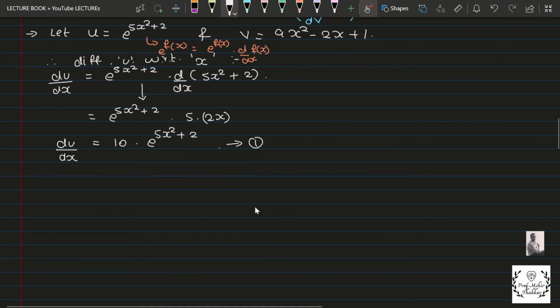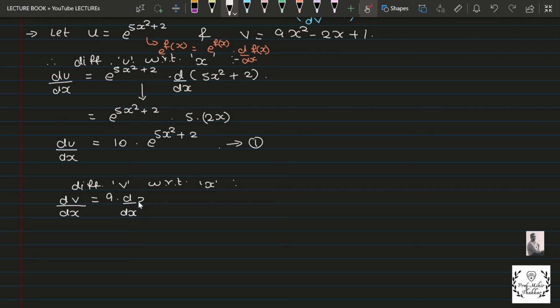Then we will see how to find the derivative of v. Obviously that v is a very easy function over here guys. Differentiate v with respect to x. So you will get over here dv by dx is equal to 9 into derivative of x square, because 9 is the coefficient, 2 into derivative of x, and derivative of 1 is 0, so we can directly put that 0.